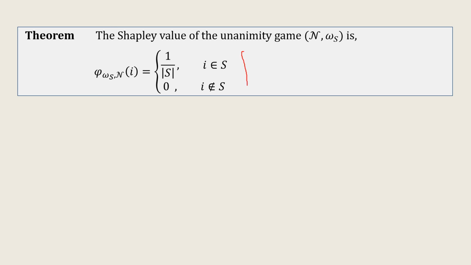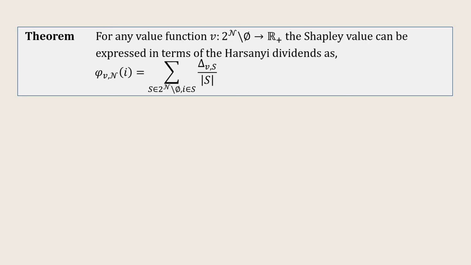You can work it out as an example, although I'll prove it in a subsequent video. And using the previous theorem, you can prove that given any value function V, the Shapley value can be expressed in this manner: summation over all subsets S which contain i of delta S divided by the cardinality of S.